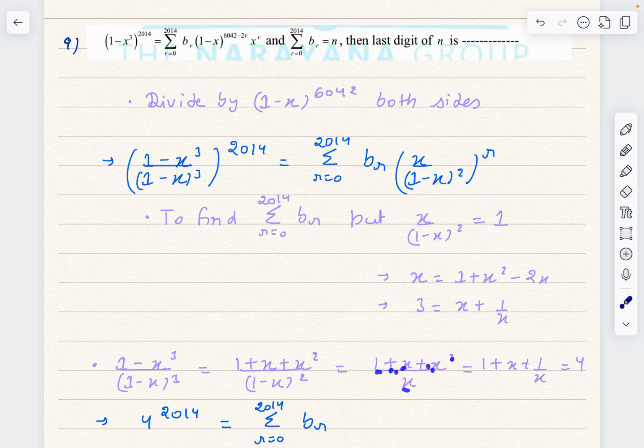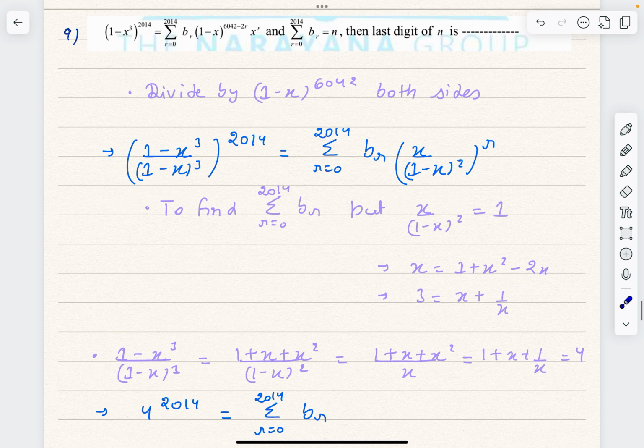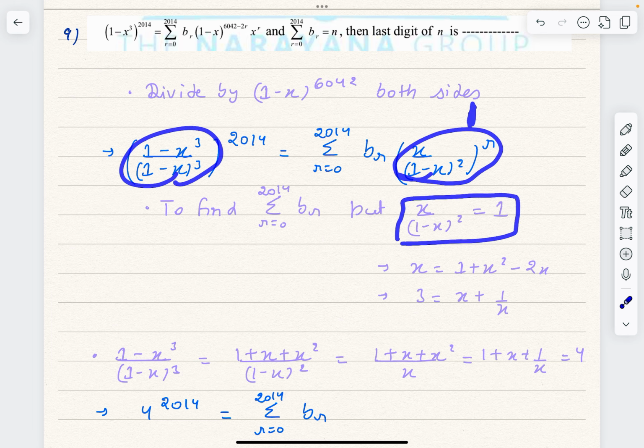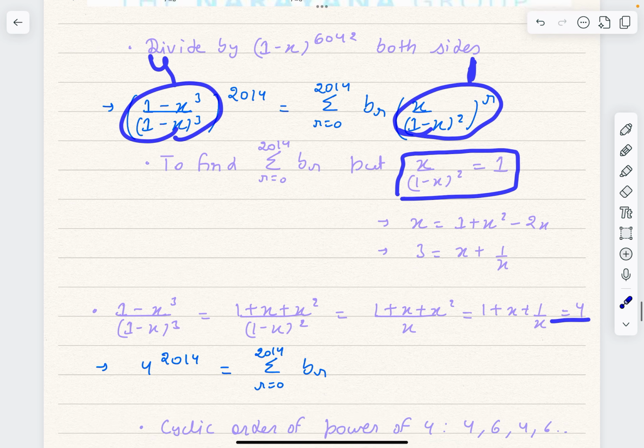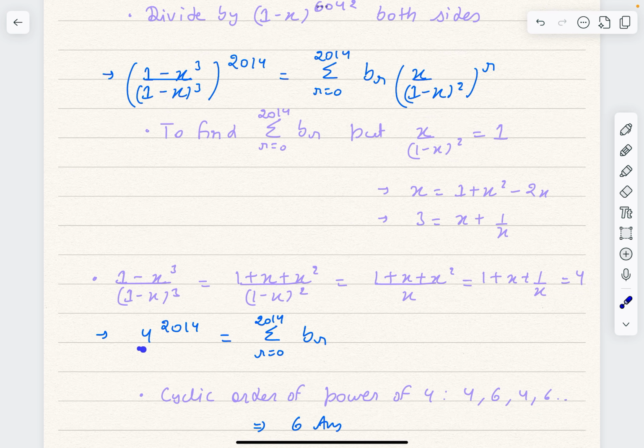When you split that, you get x plus 1 by x, which is 3, so this will be 4. So when you put x over (1 minus x) whole square as 1, this will become 1 and this thing will become 4. So we get 4 power 2014 equal to summation r from 0 to 2014 of br.